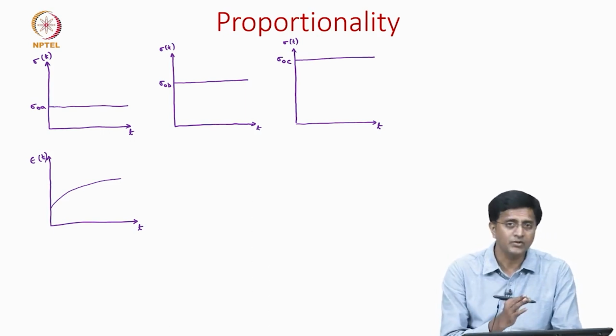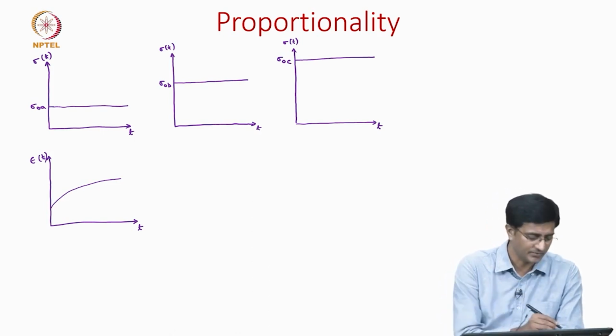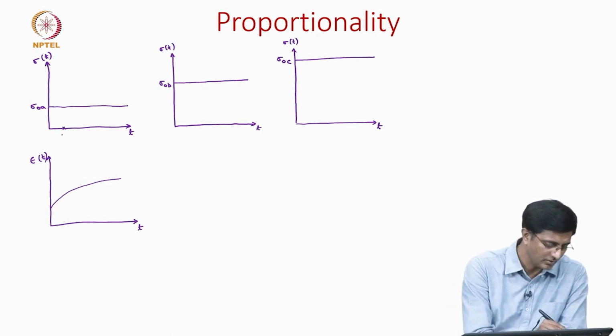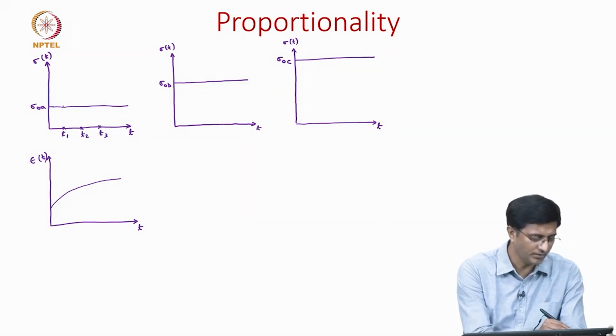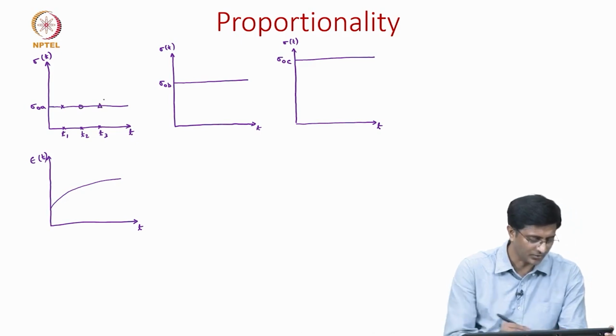Now what we will do is we will note the strain values at 3 different times. Let us say we are looking at time t equals t1, time t equals t2 and time t equals t3. So essentially we are looking at these points. Let me use different symbols at different times. So this is a star, maybe a circle here and a triangle here. Okay.